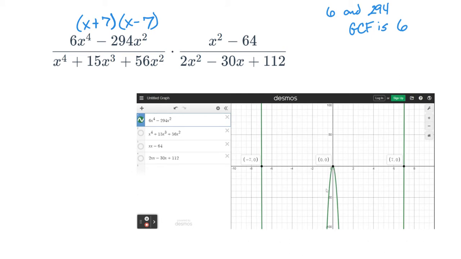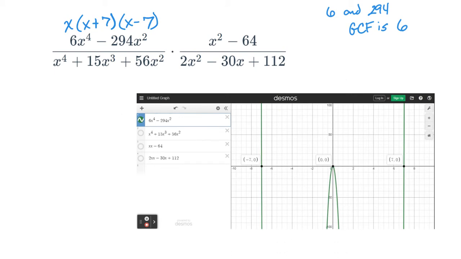And then remember when we talked about multiplicities, we have a factor at 0, 0, which means we have an x value factor. And since we have a bounce happening at this point, that means that it is an even multiplicity.